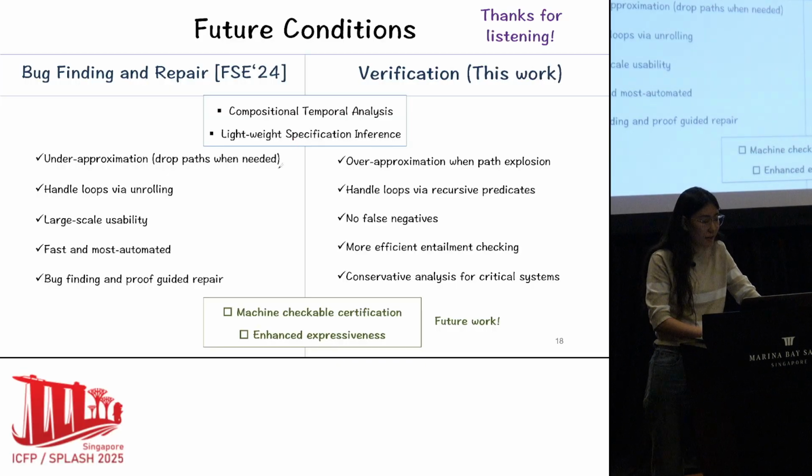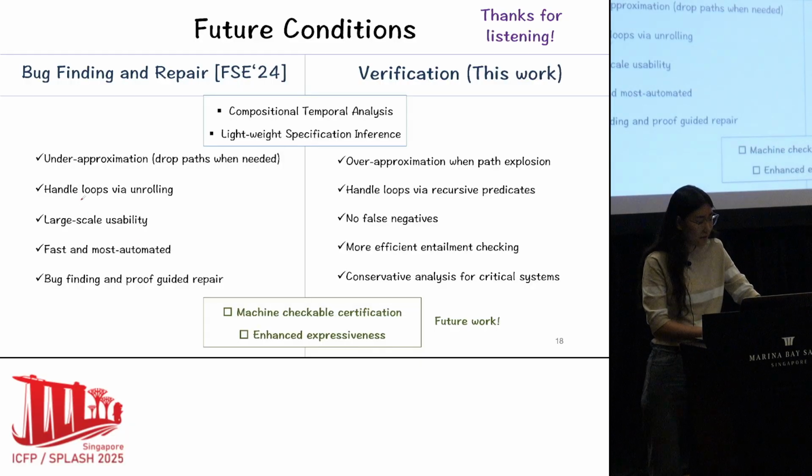The difference is that the earlier work is focused on the under-approximation setting, where you can drop paths whenever the paths are getting too many. However, in this work, we can only over-approximate, so we weaken the program states when a path explosion happens. And obviously, there's a different treatment of the loops, one via unrolling, the other via recursive predicates, but at the sacrifice that you need to provide the loop invariant.